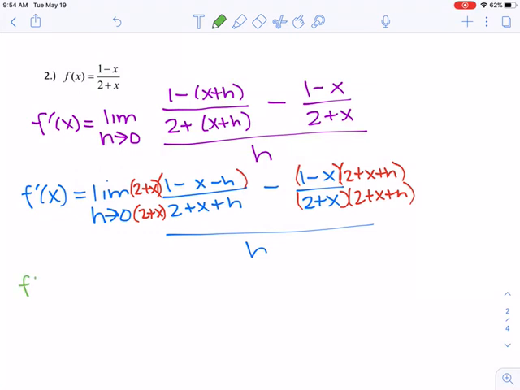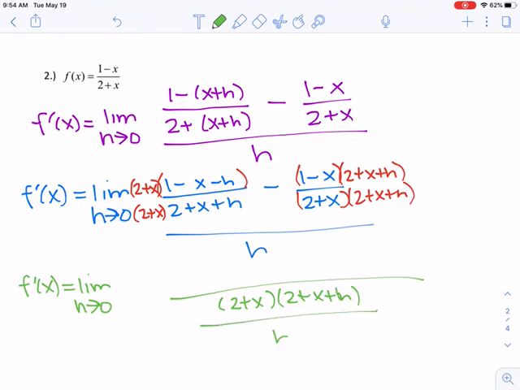So I'm going to have my derivative is equal to the limit as h approaches 0 of, so I've got my common denominator in my numerator of 2 plus x times 2 plus x plus h. And that, of course, is all over h. Probably have to make this bar a little bigger here.